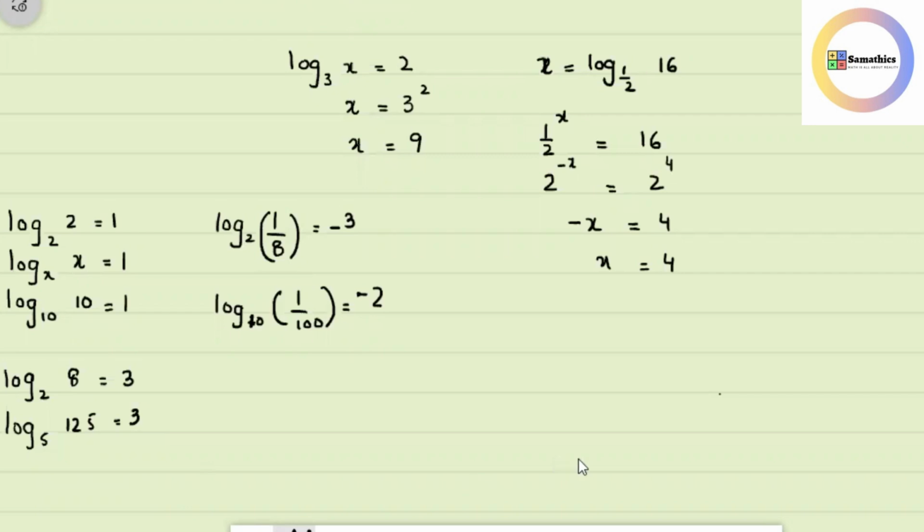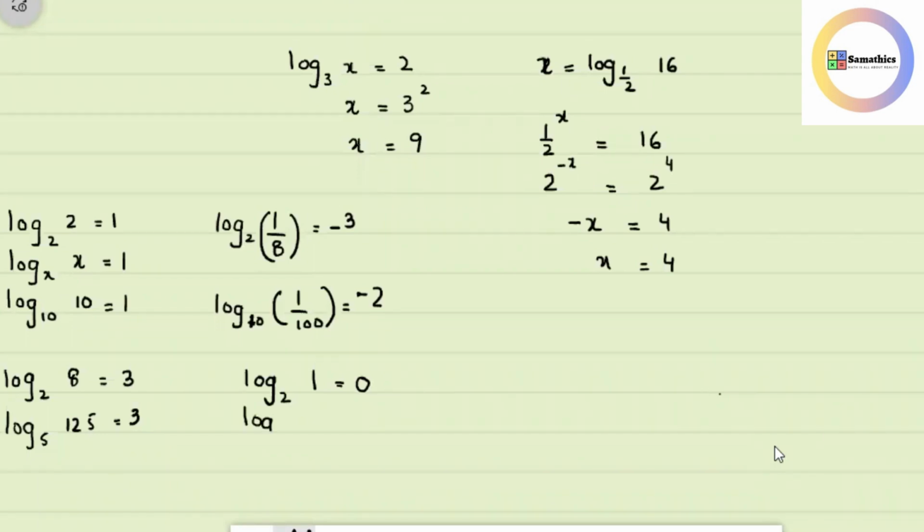Okay, one more thing. If it is log 2 and here it is 1, what will be the answer? What will be the power of 2 which will give the result as 1? 0. 2 power 0 is equal to 1. So log 2 of 1 is equal to 0.